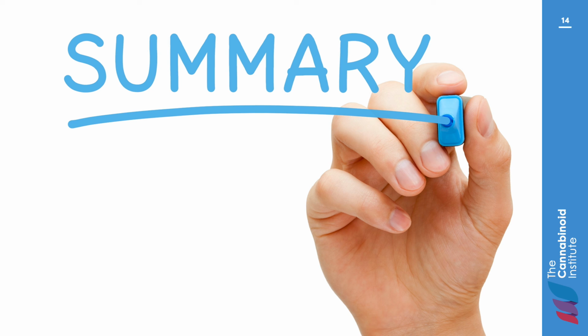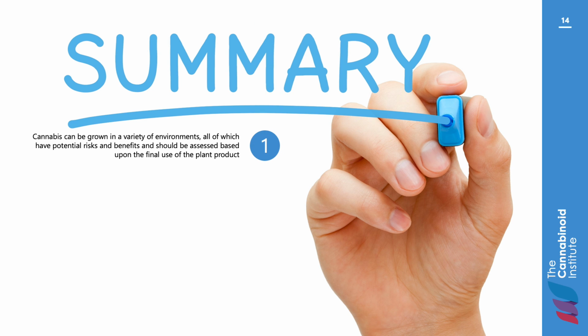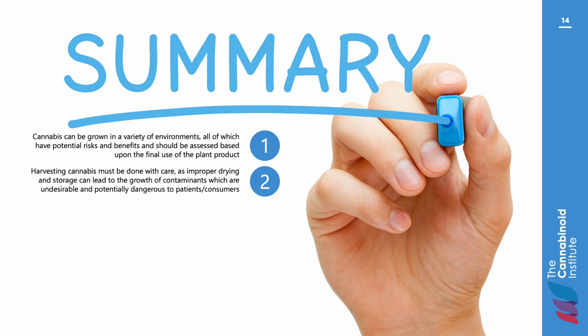In summary, cannabis can be grown in a variety of environments, all of which have potential risks and benefits and should be assessed based upon the final use of the plant product. Harvesting cannabis must be done with care, as improper drying and storage can lead to the growth of contaminants which are undesirable and potentially dangerous to patients and consumers.